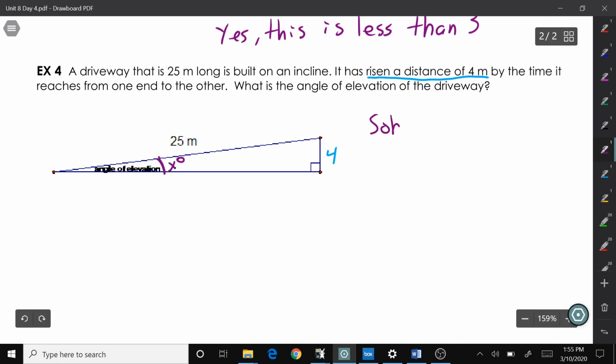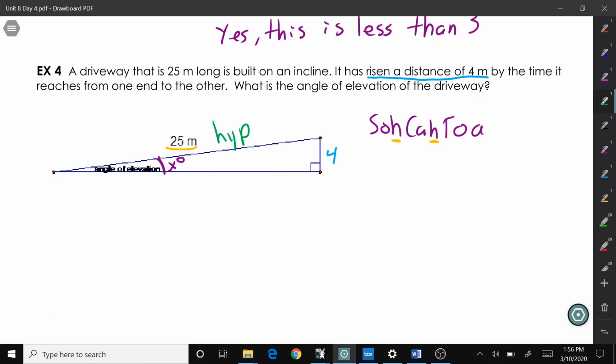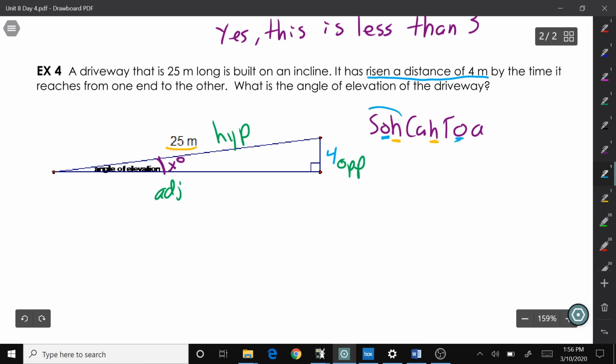Let's write out SohCahToa. We are given the hypotenuse. I'm going to underline my H's. And let's see. This was the hypotenuse. This 4 does not touch our angle x, so this is the opposite side, which makes this the adjacent. So let's underline the O since we know the opposite side. That means we're going to use sine.